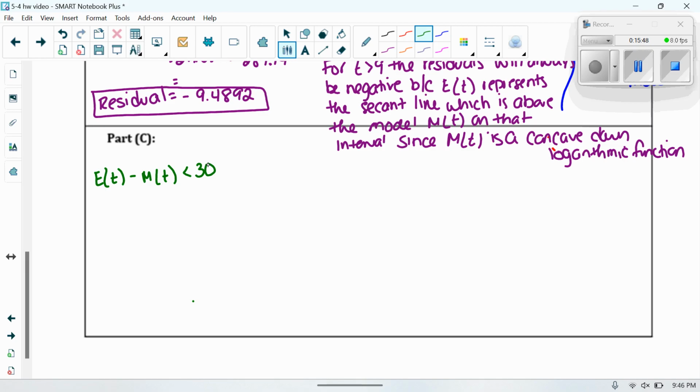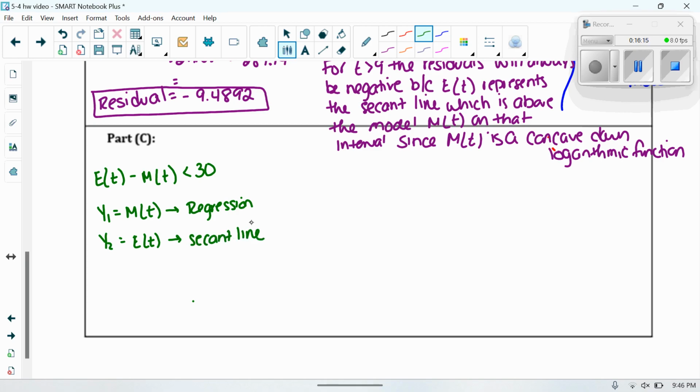So my subtraction needs to be less than 30. I already have in Y1 M of T because that is my regression. In Y2, I want to put in E of T, which is my secant line.